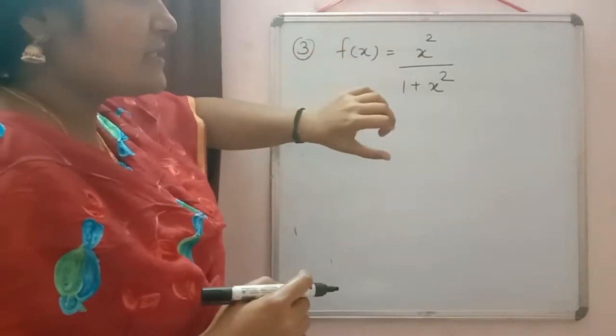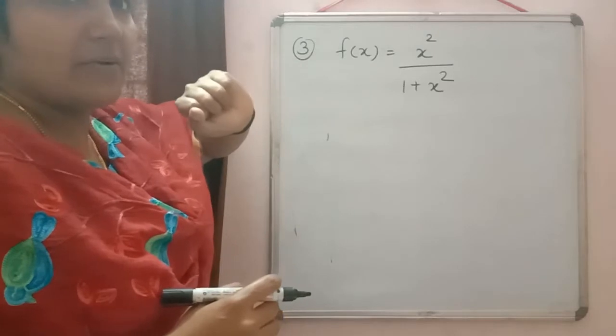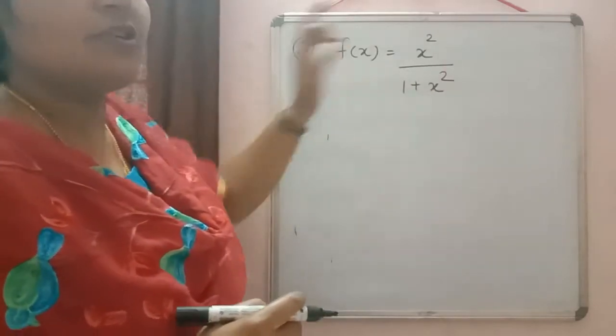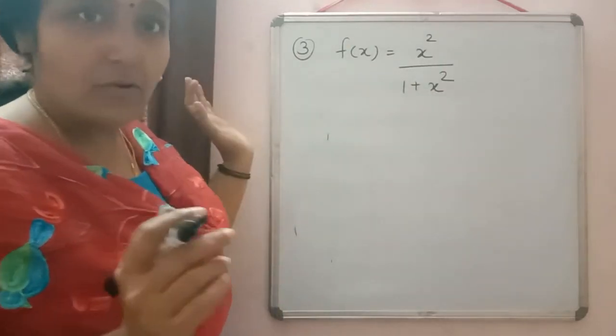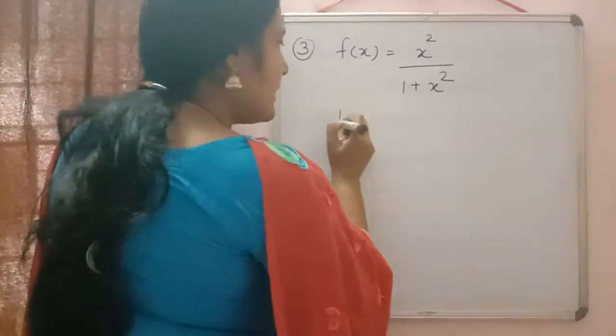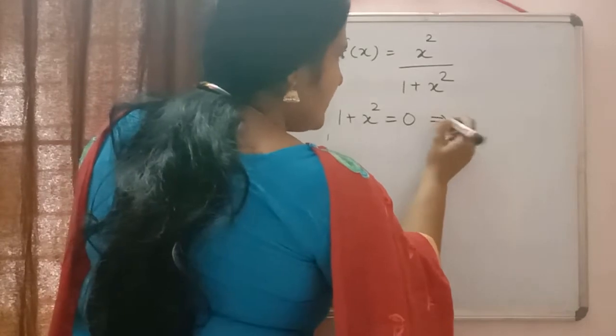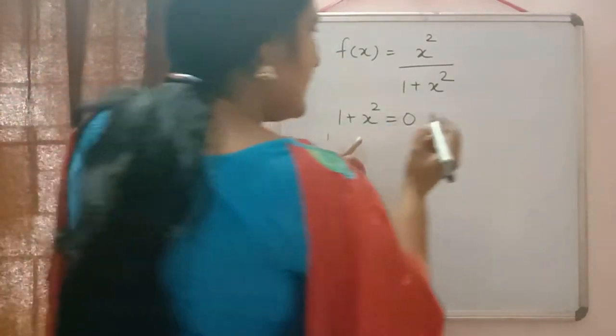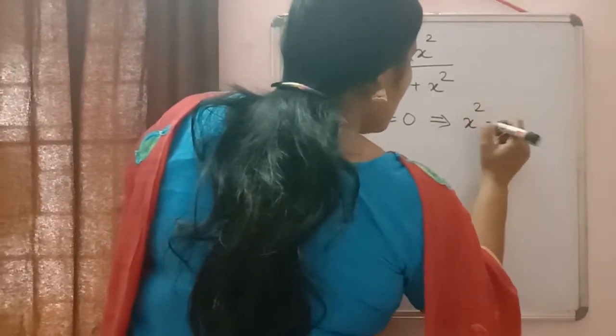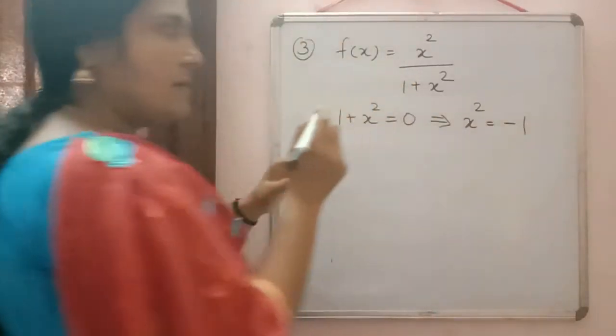So when we have a rational number, we are checking one condition only: the denominator should not be equal to 0. So we will check the case when our denominator will be equal to 0.